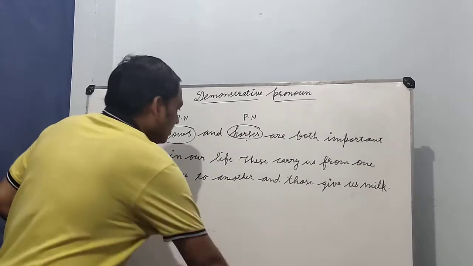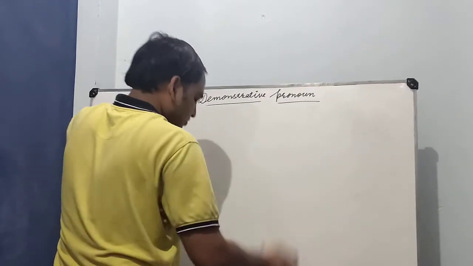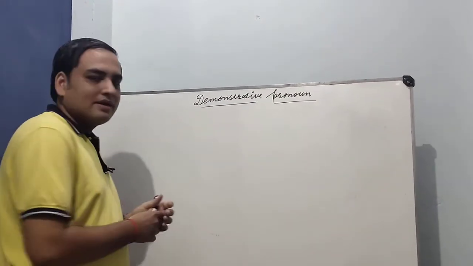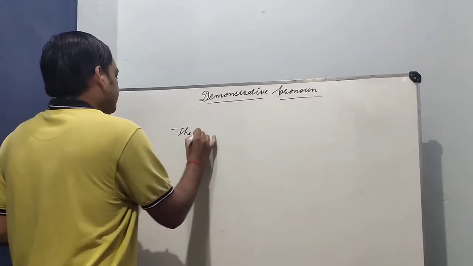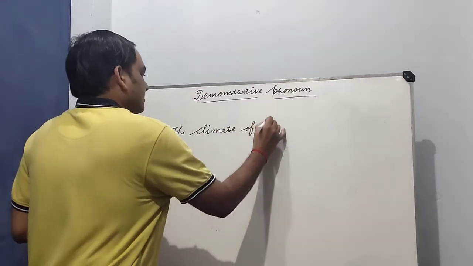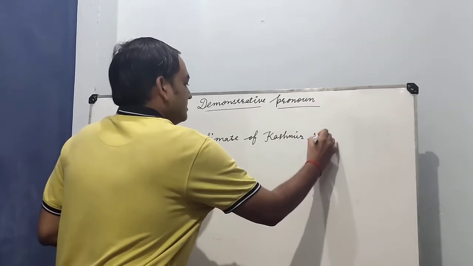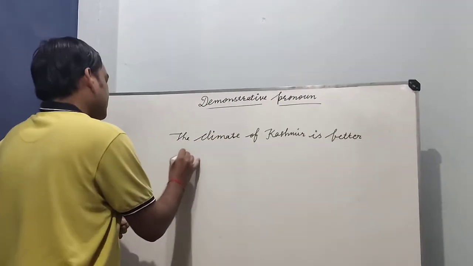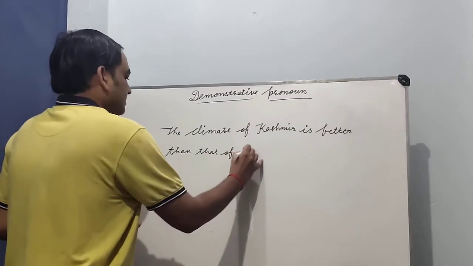Then we will learn how to use demonstrative pronouns in sentences for comparing things. Now I am writing a sentence here. The climate of Kashmir is better than that of Delhi.